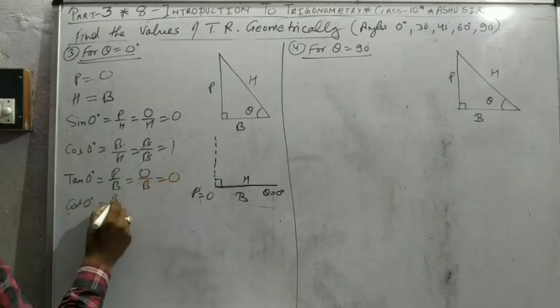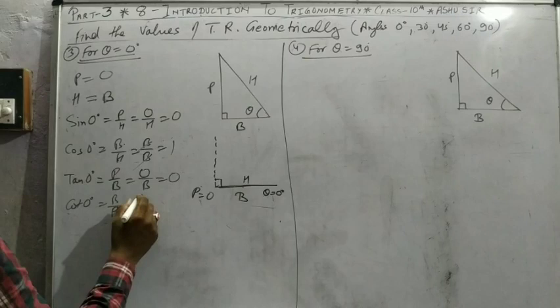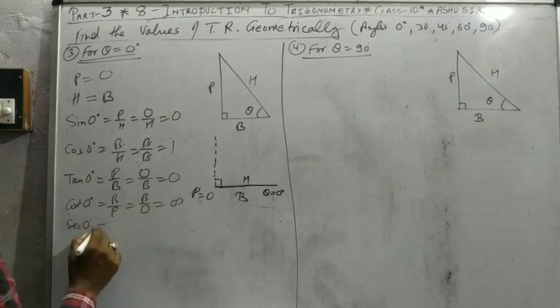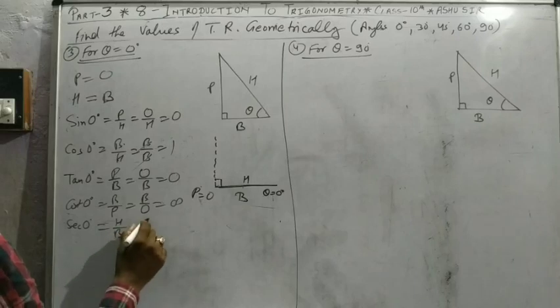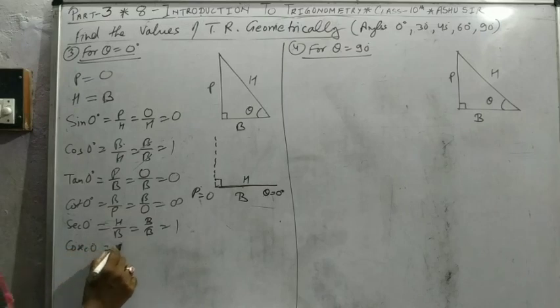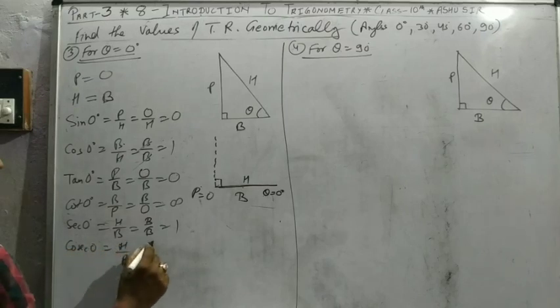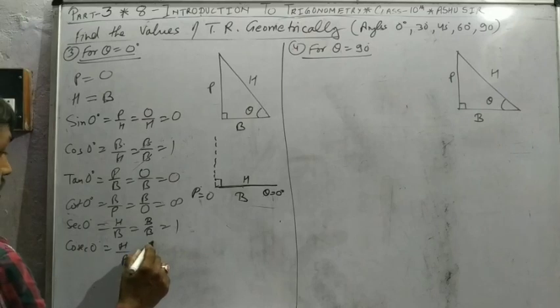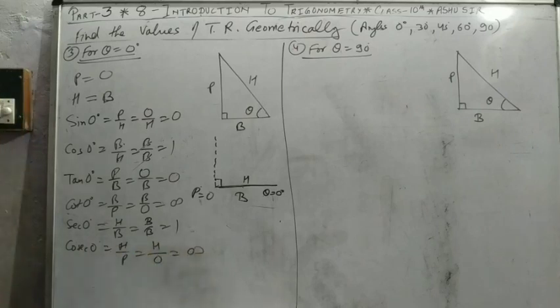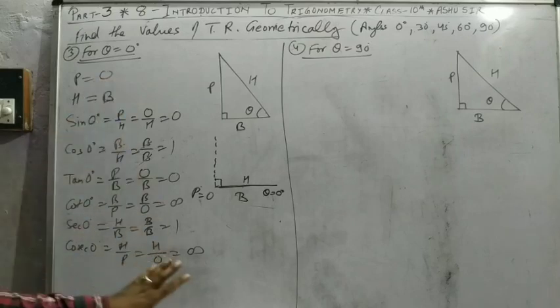Cot 0, B by P, that means B by 0, not defined. Sec 0, H by B, H and B equal, 1. Cosec 0, H by P, P is 0, not defined. So that is for 0 degree angle.